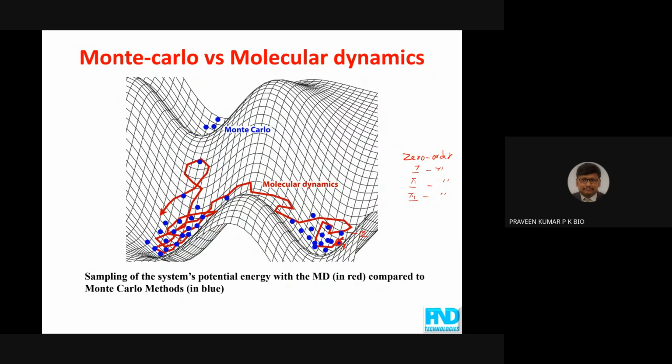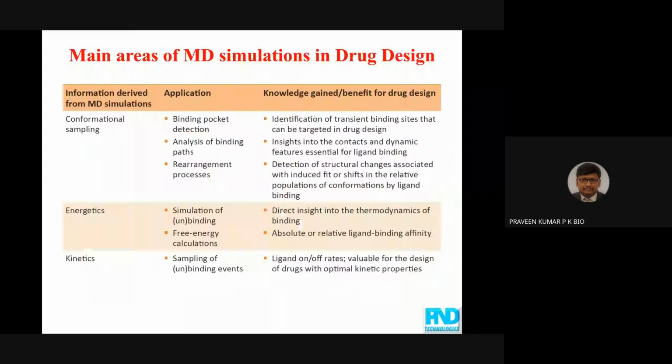If you want to make a protein more stable, we have to do the molecular dynamics simulation, of course. And if we link with the Monte Carlo, the atoms in the correctly folded state in the energy minimization protocol can give us a more stable structure for the protein during the folding. So some proteins follow first order, some proteins follow second order. It depends. Now let me go to the next slide.